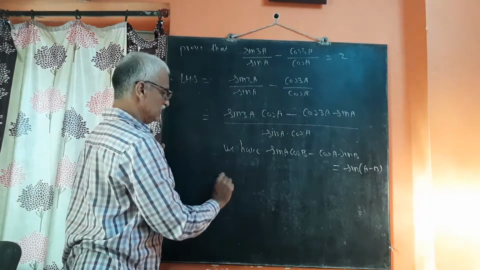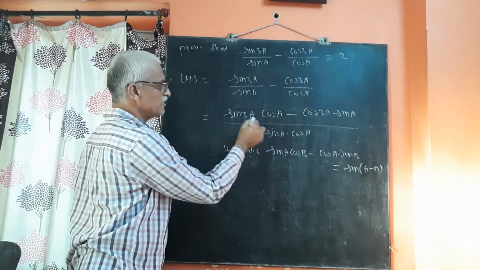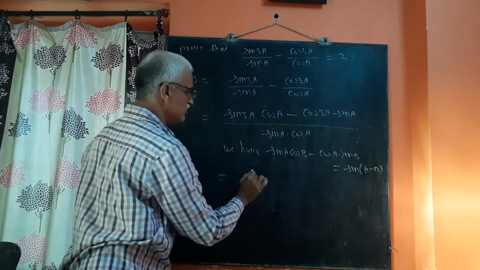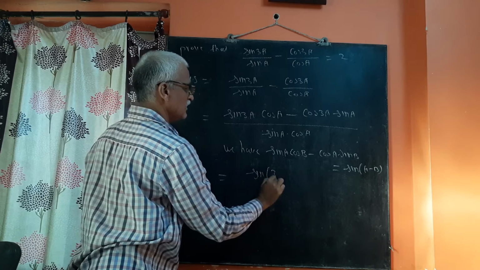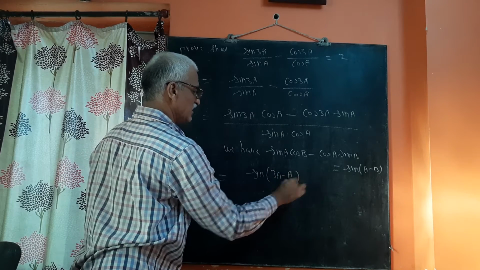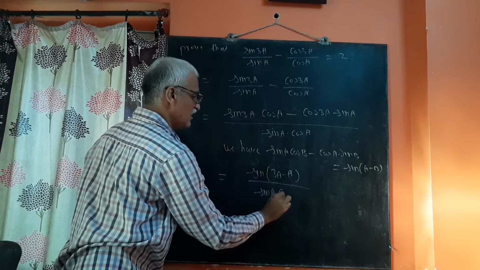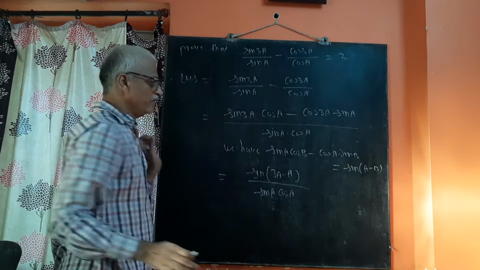Using this, with a as 3a and b as a, this will become sin of 3a minus a divided by sin a into cos a.